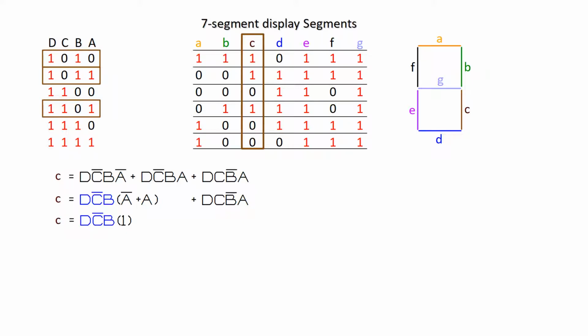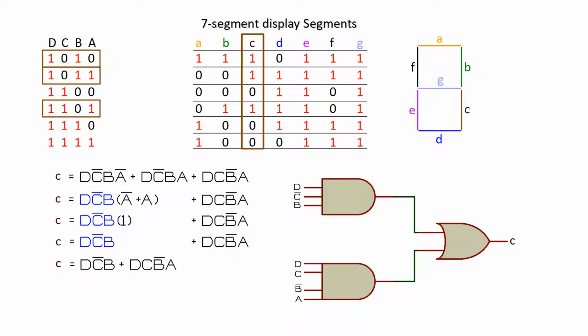So this is the complement law, where the not A or A is redundant. So these two bottom terms have D in common, but the C changes and B changes. So there's nothing else we can do. There's too many changes to implement the complement law or the absorption law anymore. So we just wire it up for segment C using these gates and the Boolean inputs from the counter that we're going to make.